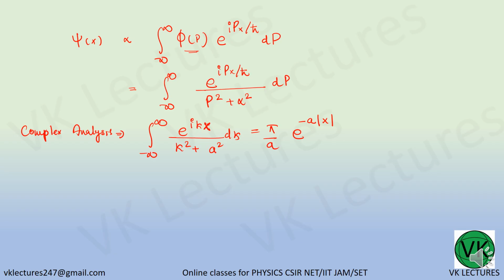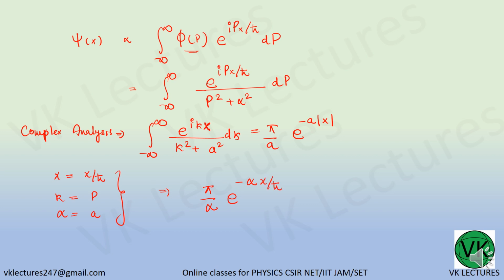Instead of x we have x by h cross, for k we have p, and instead of a we have alpha. So pi divided by alpha e to the power minus alpha mod x by h cross.